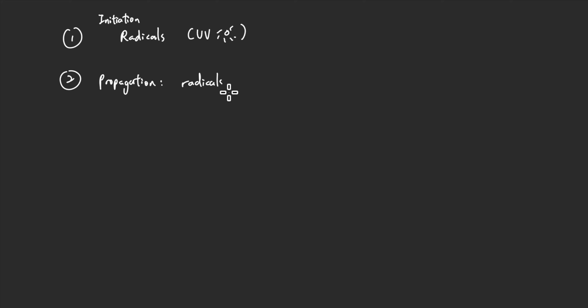So in short, in the first process, we generate radicals through UV light and photosensitizer. The first process is known as the initiation, and the second process is propagation. In this process, one radical, radical A, will react with a non-radical, which is our monomer, to form a new radical, radical B. And radical B can react again with non-radical A, the monomer.